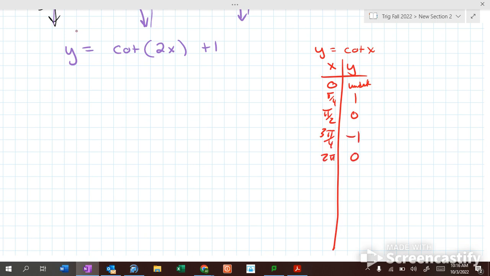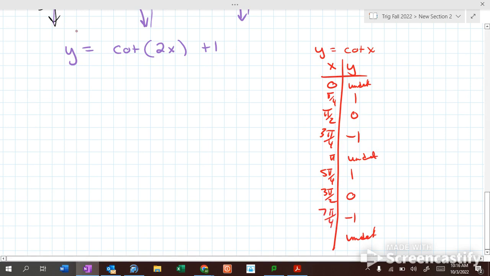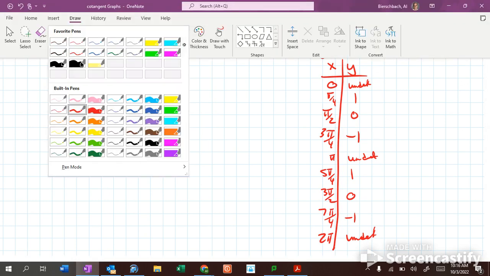Pi, undefined. 5 pi over 4, 1. 3 pi over 2, 0. 7 pi over 4, negative 1. 2 pi is, whoa, why did I say 2 pi? Mr. Beerschbach, come on. It's undefined. Okay, that's a normal cotangent curve.